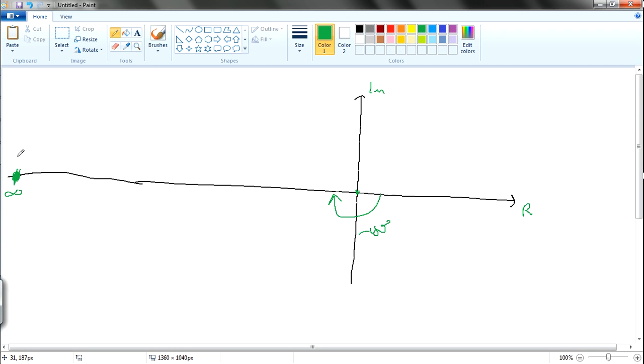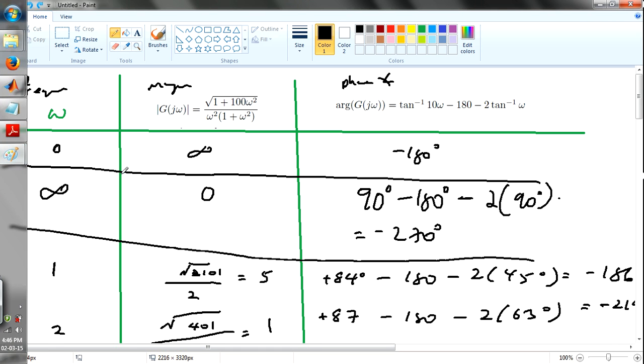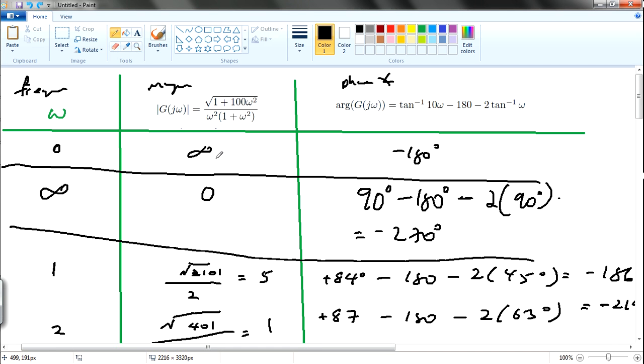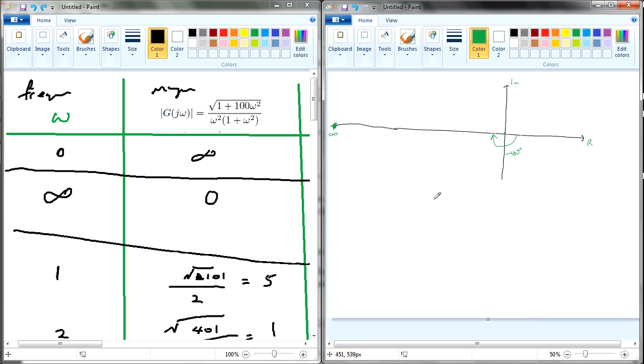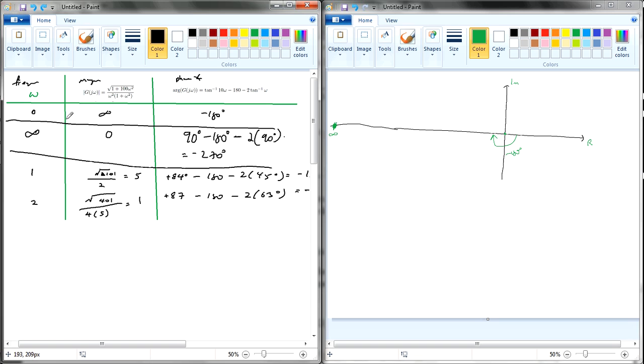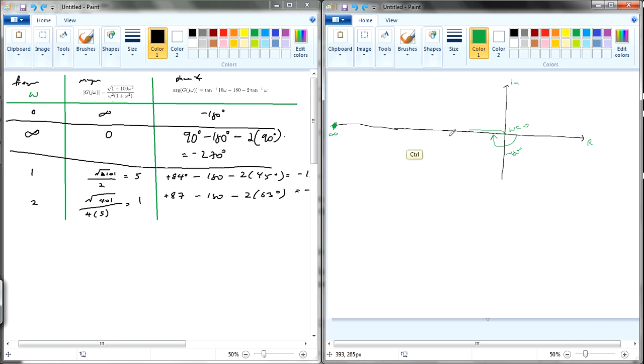So if you plot this, this is omega 0, magnitude infinity, and then minus 180 degrees. So if I have a table like this, when my frequency is 0, omega equals 0 over here, the phase angle is minus 180 degrees, and the magnitude itself is all the way at the infinity line over here.